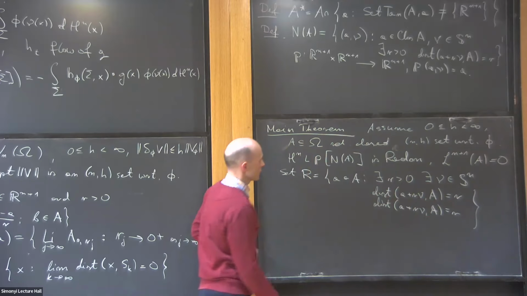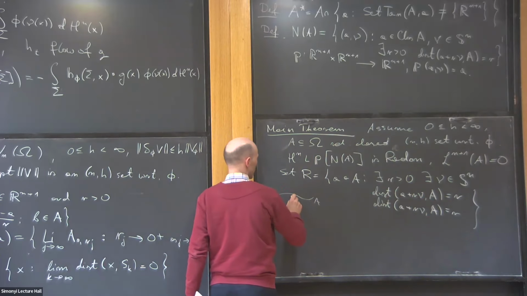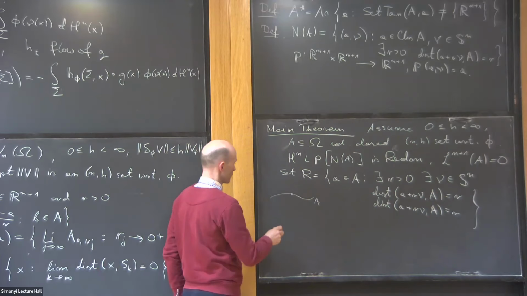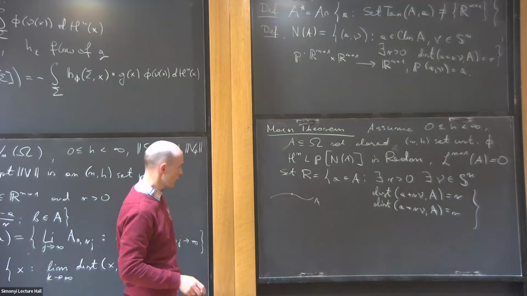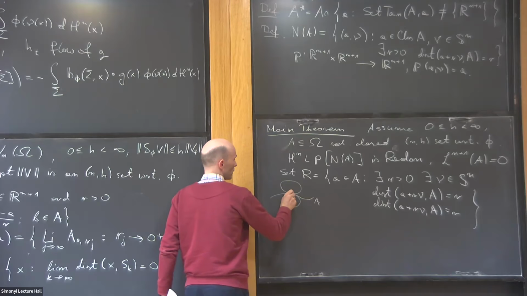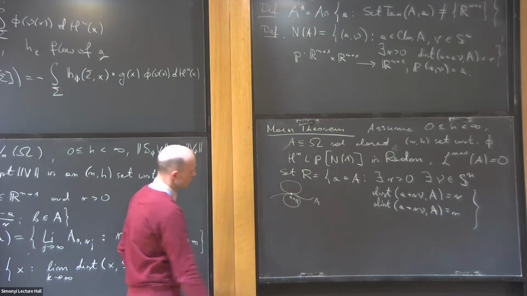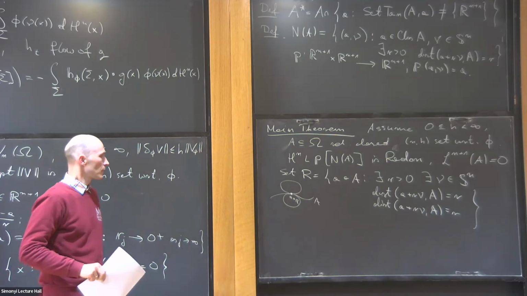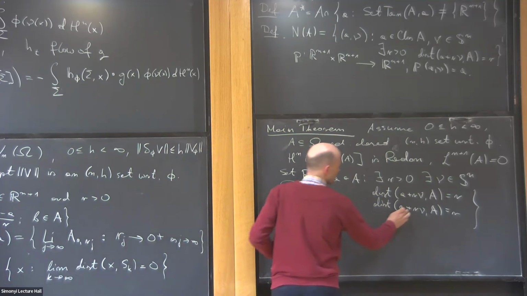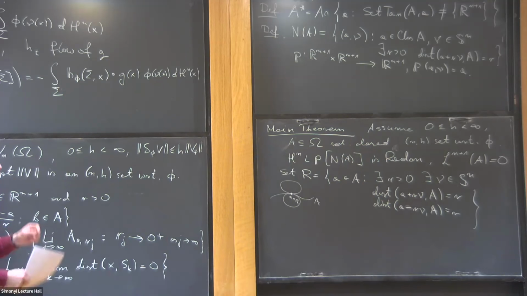Okay, so this is a set. A might not be smooth at all, but we want to look at this. You have a minus in the other way, right? Yes, there is a minus here. Sorry.